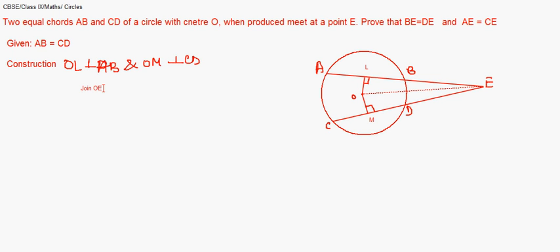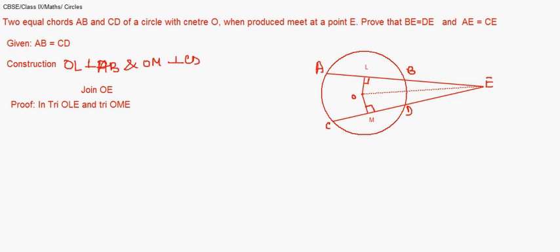Let's now take up the proof here. We'll try to prove the congruency of those two triangles that are formed, which are OLE and OME. So in triangle OLE and triangle OME, what do we get? I write here first.